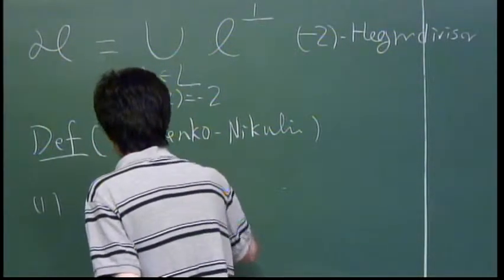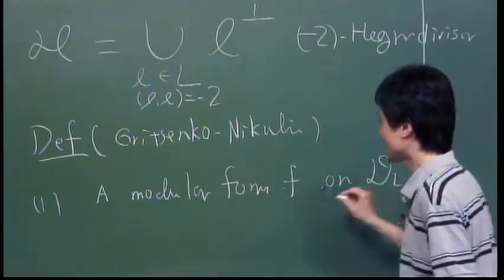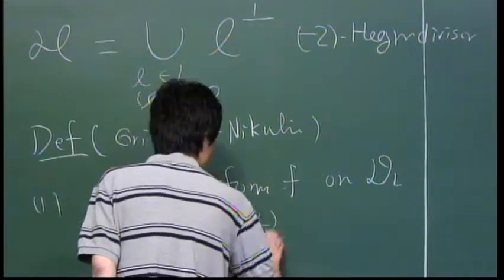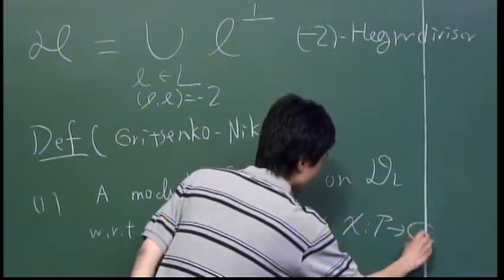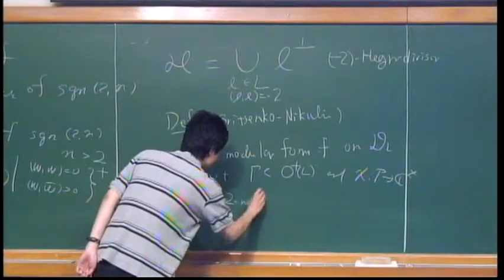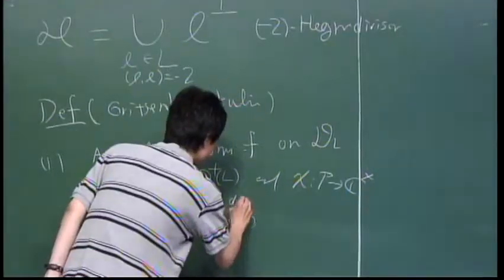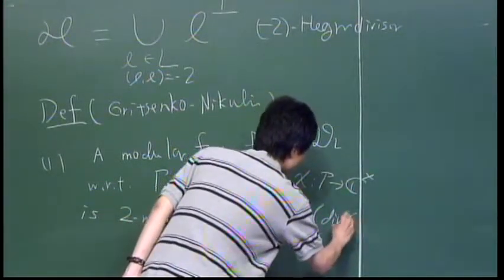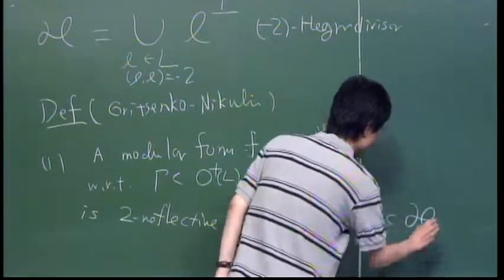So a modular form on this domain, with respect to some subgroup of the orthogonal group and a character, is said to be 2-reflective if and only if the support of the divisor of this modular form is contained in the Heegner divisor.